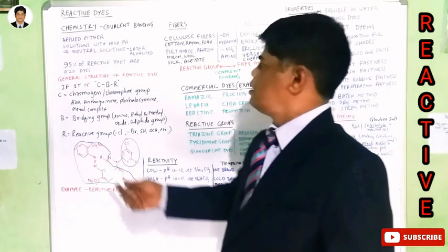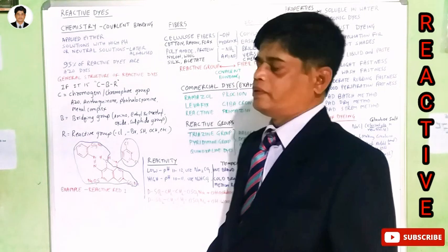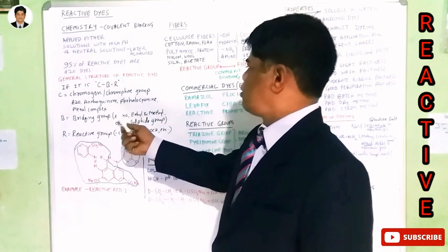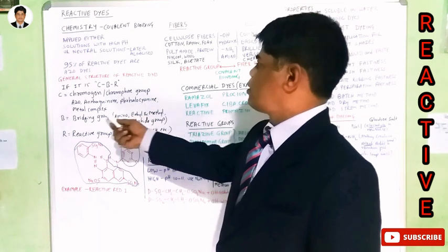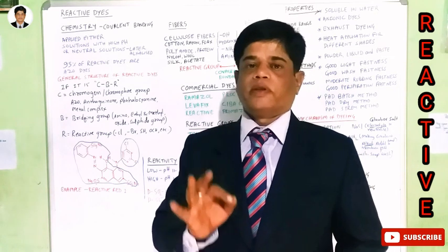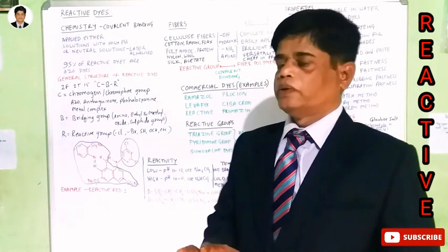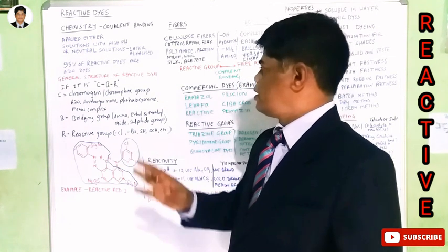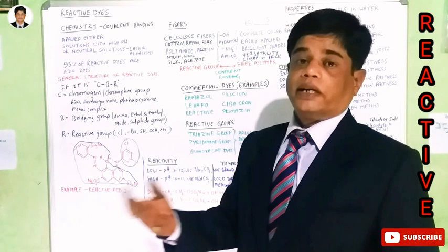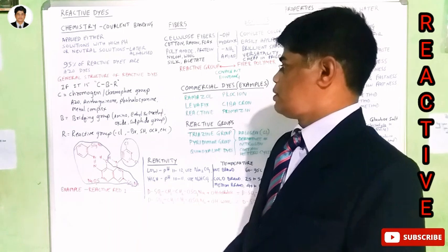It may be azo or anthraquinone or phthalocyanine or metal complex. Colors are made by azo or anthraquinone or phthalocyanine or metal complex. These are things like that.